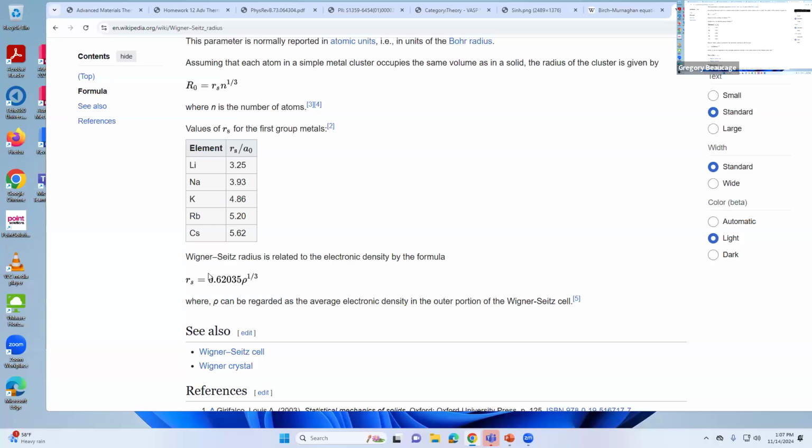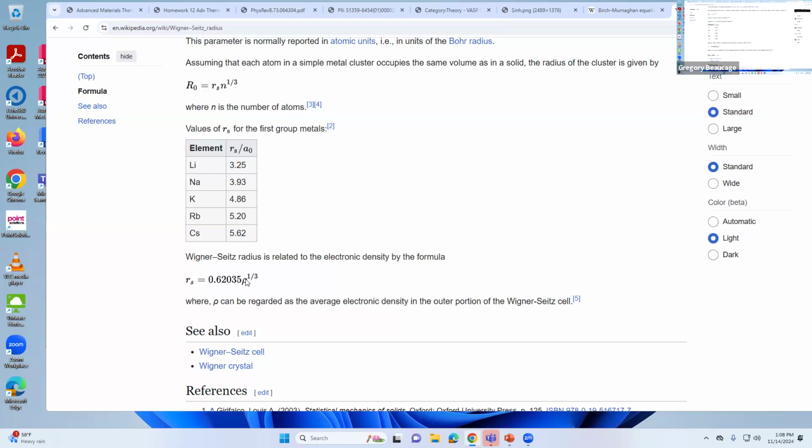I guess you're going to need to do that: just find the mass density of carbon, of diamond and graphite, and then the number of electrons. For carbon you have 12 electrons per 12 grams per mole, divided by Na things per mole, which will give you the electron density.